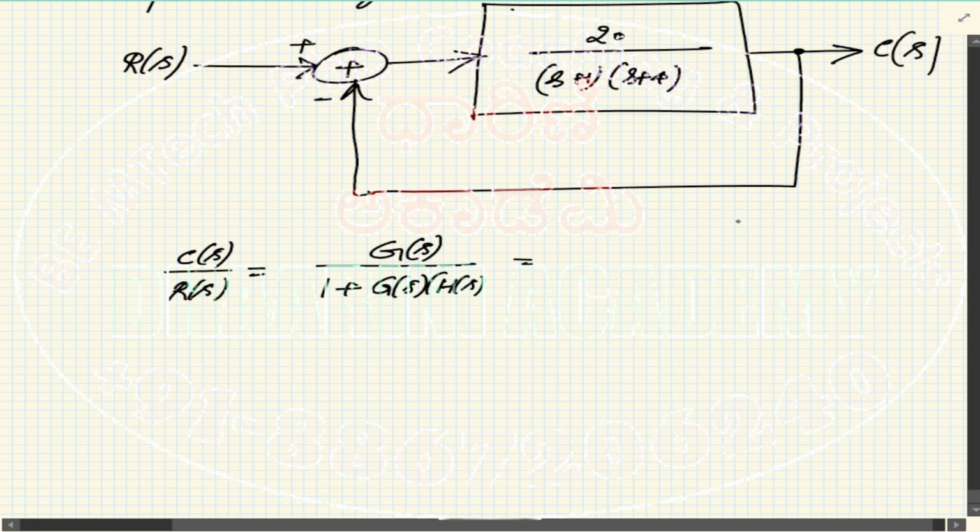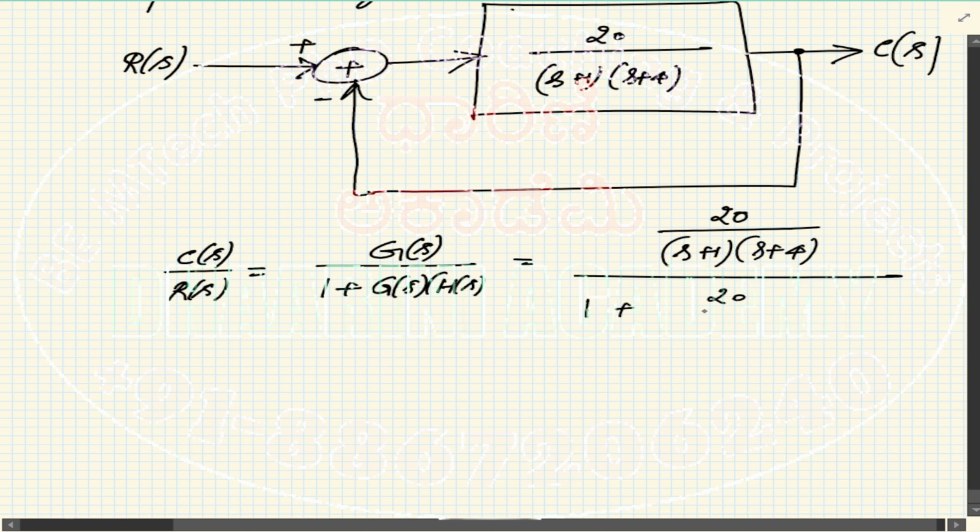So G of S is 20 by S plus 1, S plus 4, whole divided by 1 plus 20 over S plus 1, S plus 4. Please simplify this.